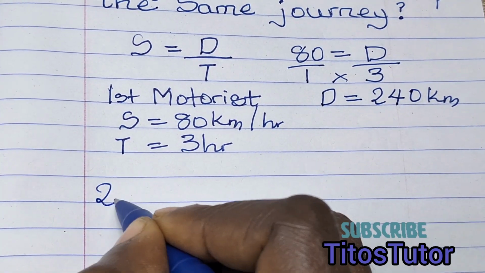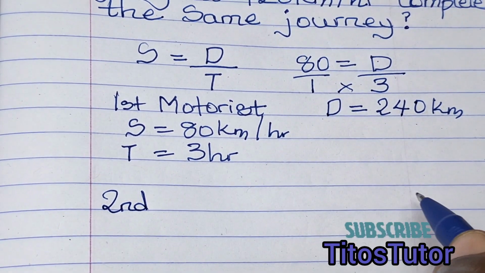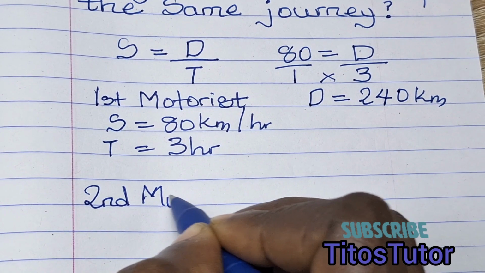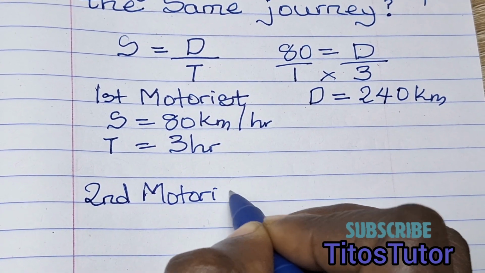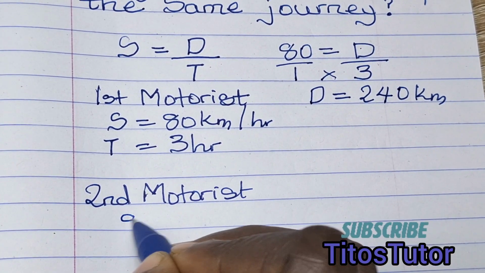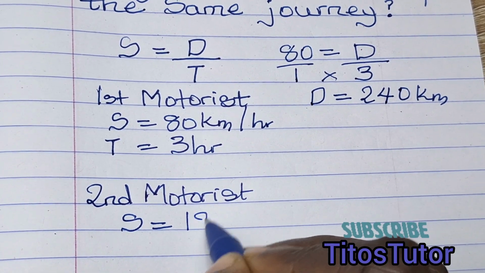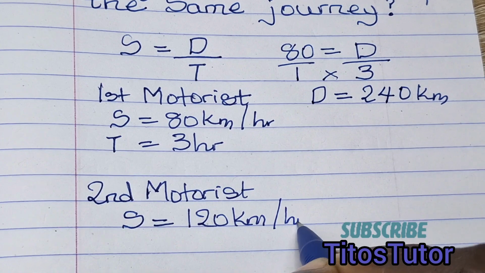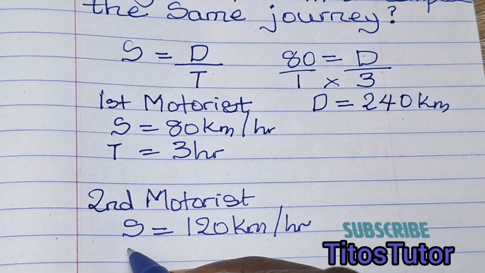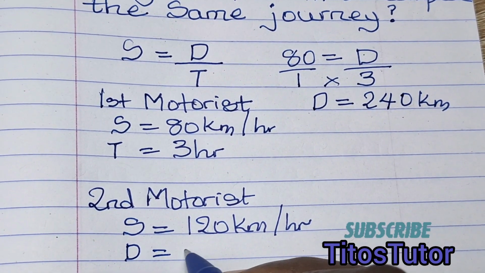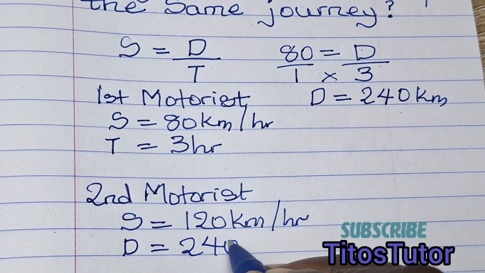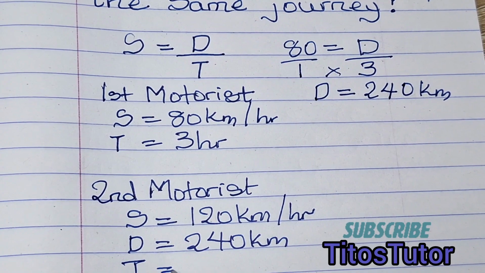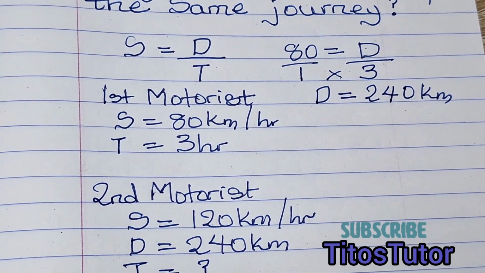This is our second motorist with a speed of 120 kilometers per hour, a distance of 240 kilometers, and the time we do not know.